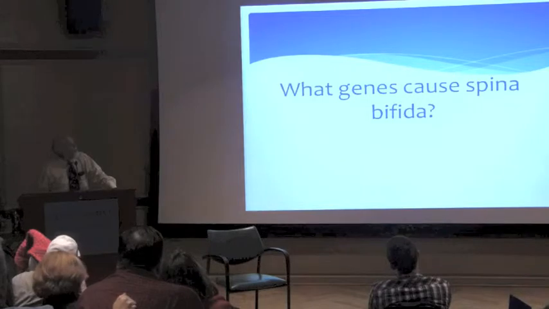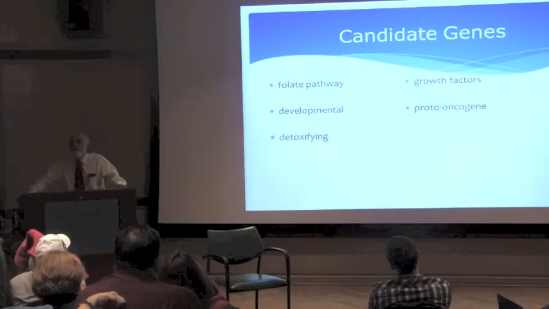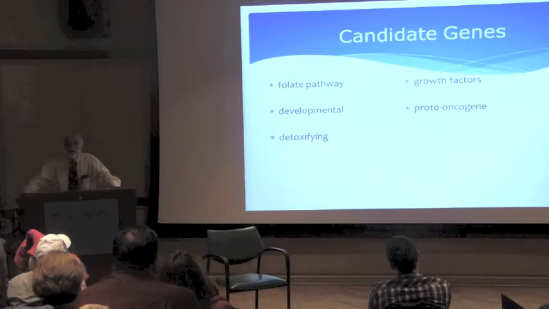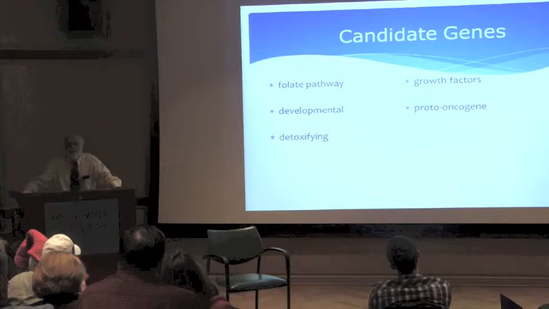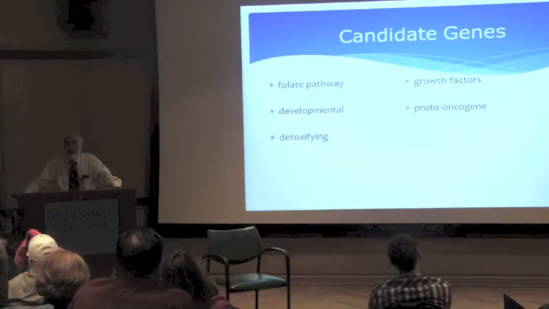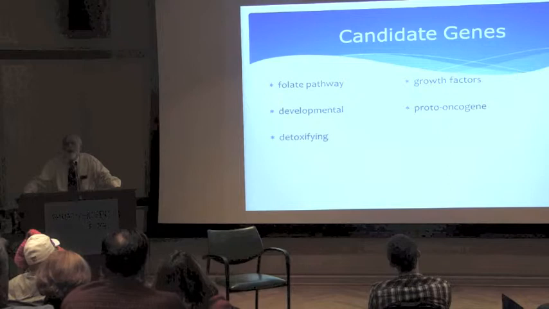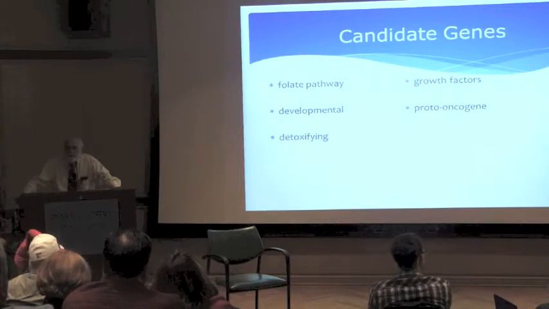So Janice told us about genes, and in fact, there are a number of genes that have been proposed to play a role. Of course, as you can imagine, the genes involved in folic acid biochemistry are at the top of the list, but there are a lot of other genes. Most of them come from animal work. There are more than 200 mouse models in which the genetic aspects of the NTDs have been worked out reasonably well.